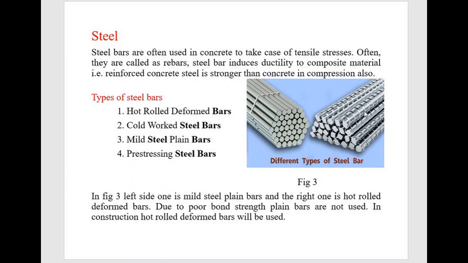Usually in construction we use these torsional bars, or TOR bars, or HYSD bars. HYSD bars means high yield strength deformed bars. These are the two types of steel bars we have come across.